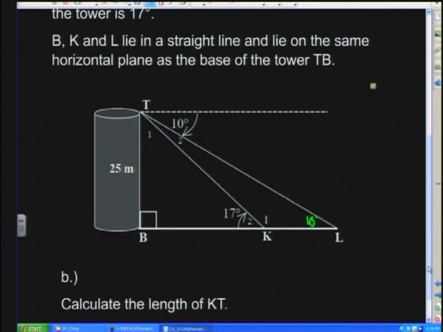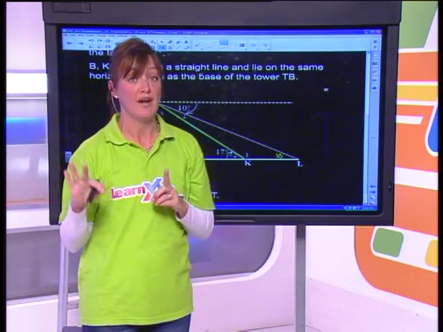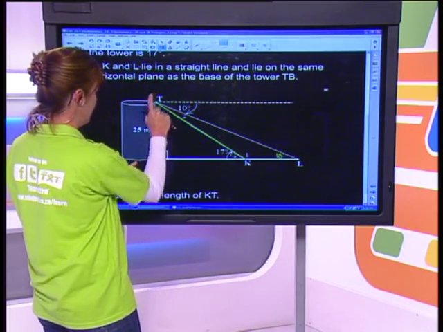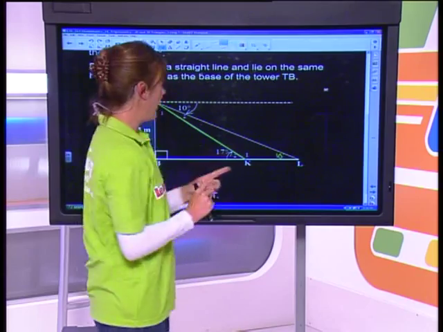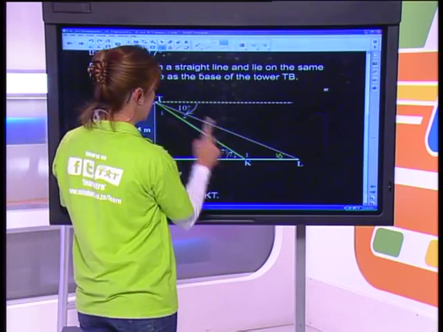Now they're asking us to calculate the length of KT. From what I can see over here, guys, I've got 3 triangles I could look at. I've got the big triangle, which is triangle TBL, this right angle triangle of TBK, and then triangle TKL.